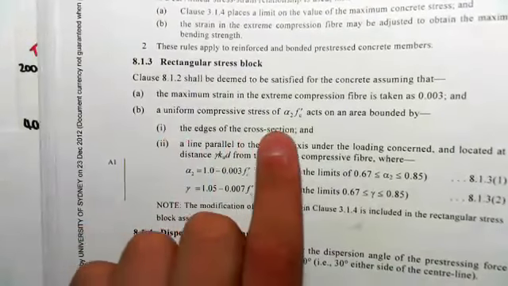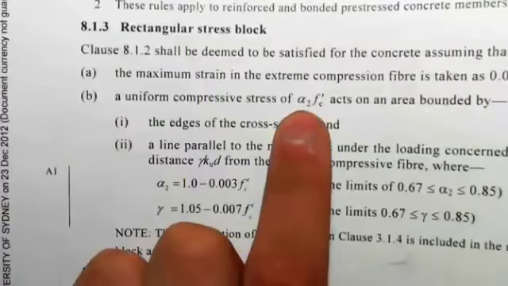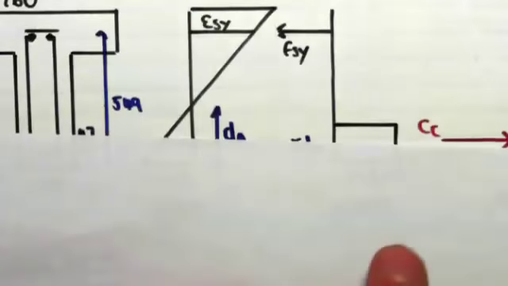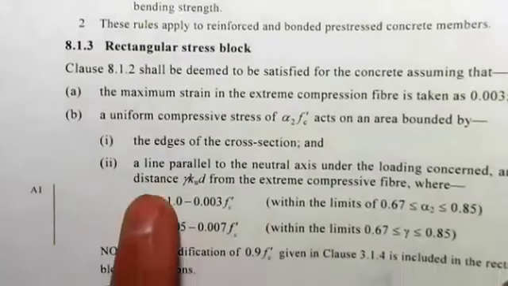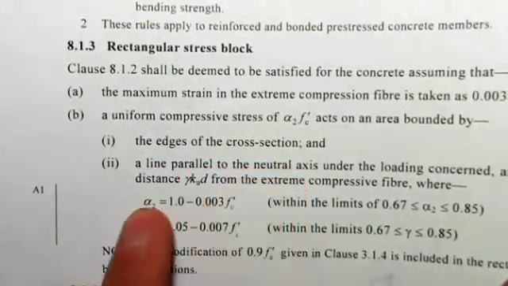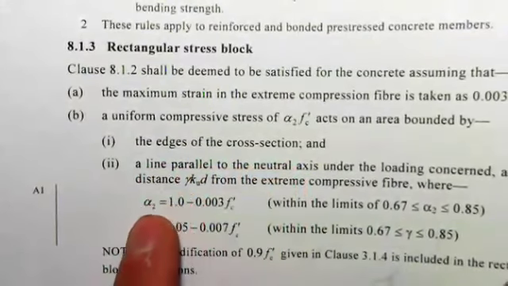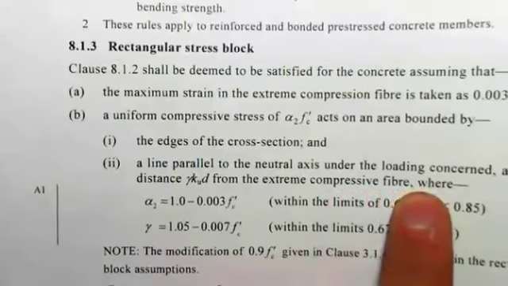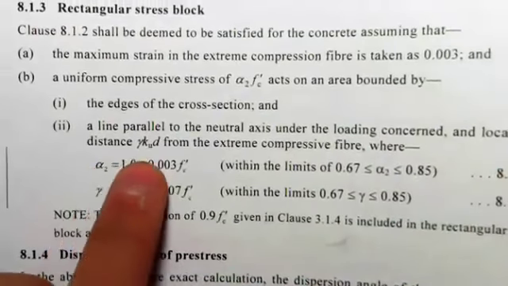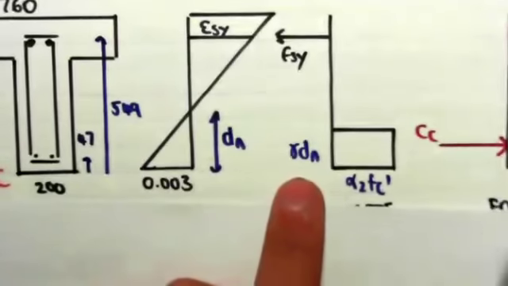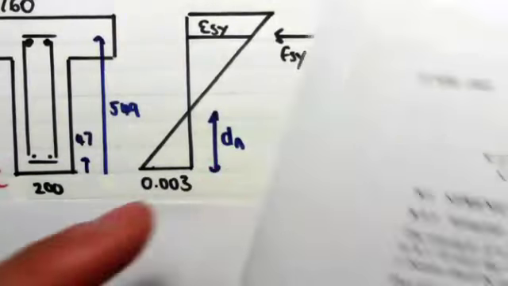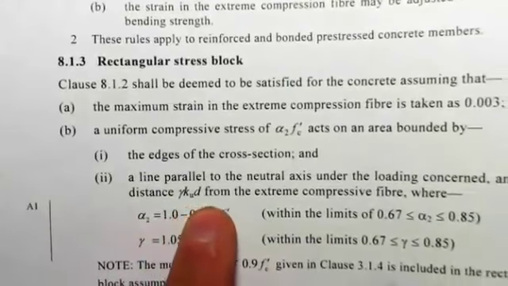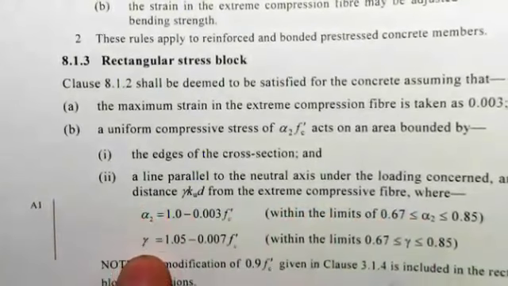Now for the stress diagram, we're also taking from the code. It says that a uniform compressive strength, alpha 2 FC dash, so the stress alpha 2 FC dash, which I've done there, acts on an area bounded by the edges of the cross section, so that's the width, and a line parallel to the neutral axis under the loading and located at a distance gamma KUD, which I've just summarized to be gamma DN, because in the previous video I said DN is the same as KUD, which means gamma DN is the same as gamma KUD from the extreme compressive fiber, where alpha 2 equals that and gamma equals that.